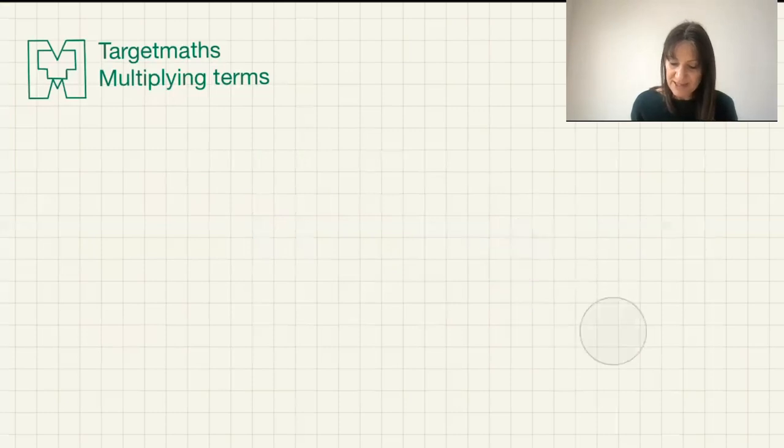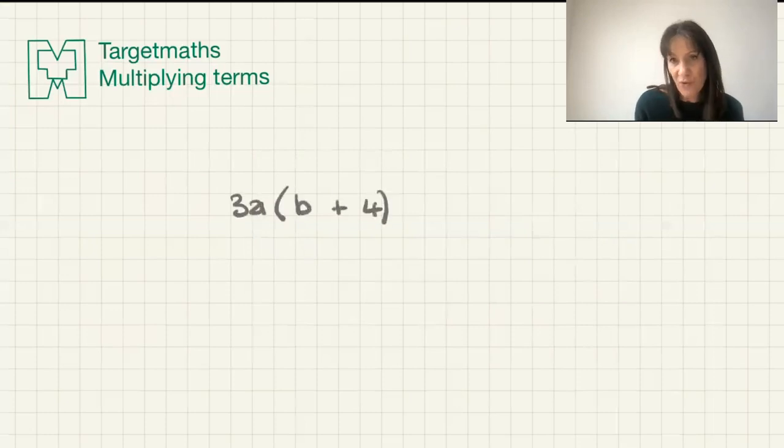I'm doing different ones every time because I want you to see lots of different examples. You will get to practice at the end of the teaching section, all of the stuff that you're seeing now. So we've got 3a, and then I've got b plus 4. Hit pause and press play when you're ready.